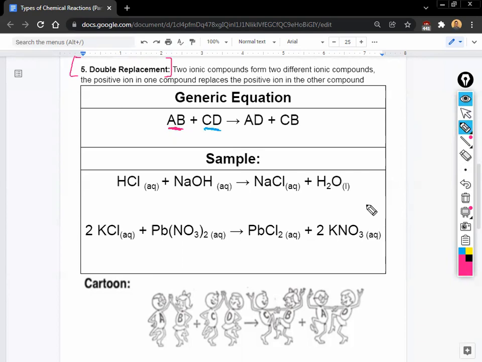So inside the chemicals, there's 2 parts, and the parts are going to switch. So if you guys notice, A is going to be with D, and then B is going to be with C. So basically, they just switched. So D and B switched positions. So it's a double replacement. They were both replaced.